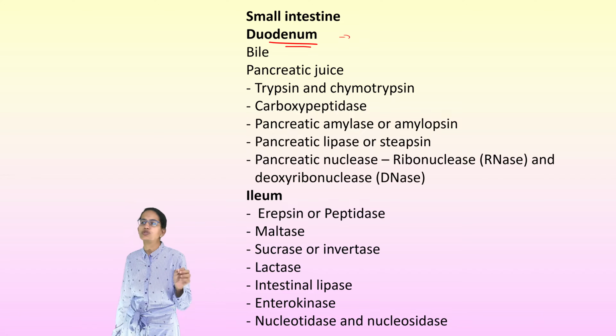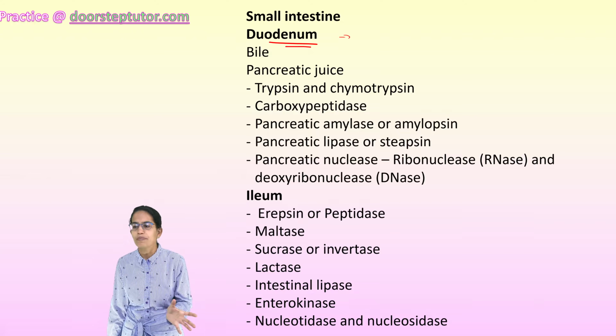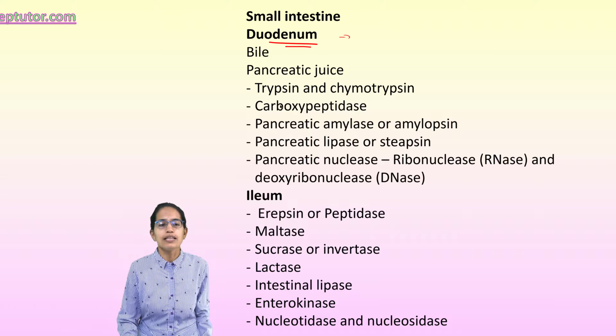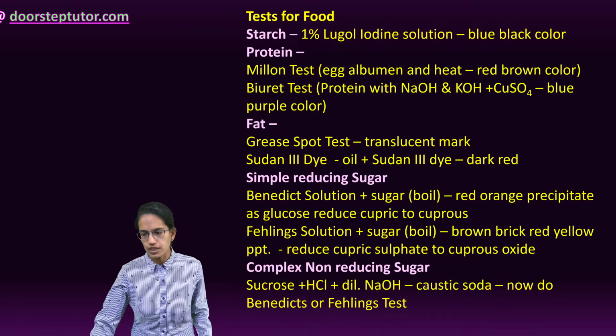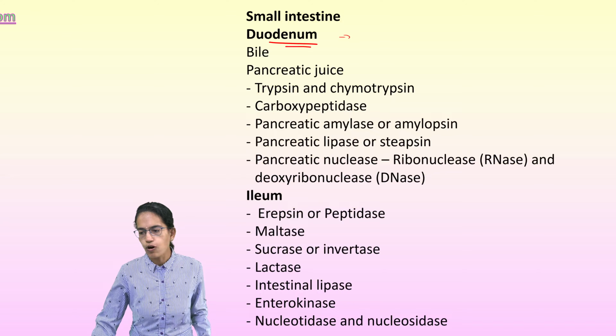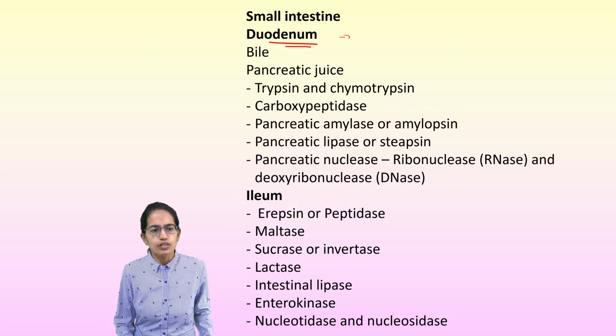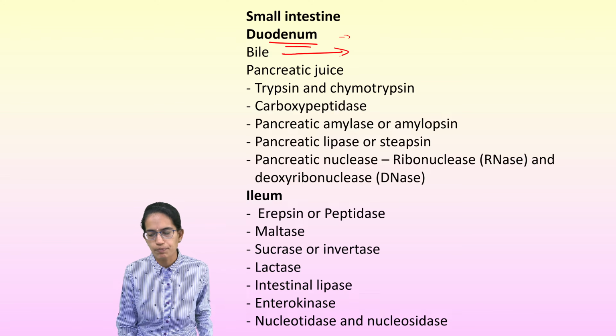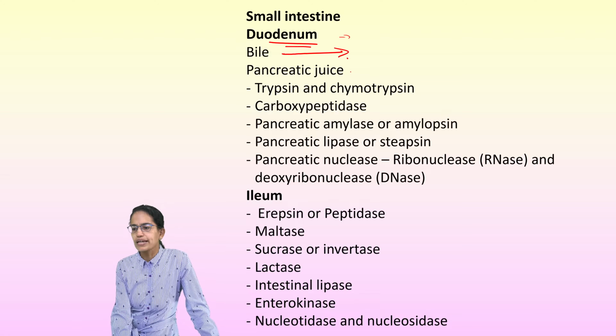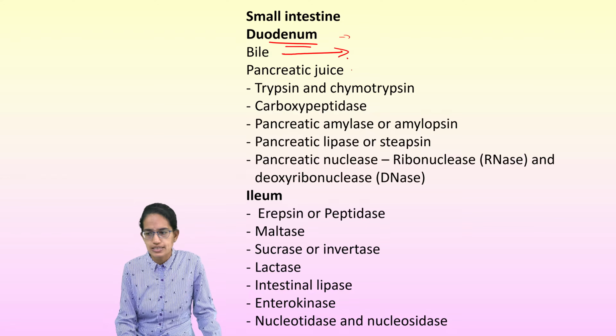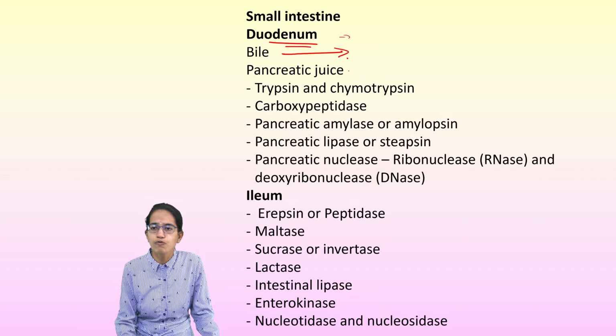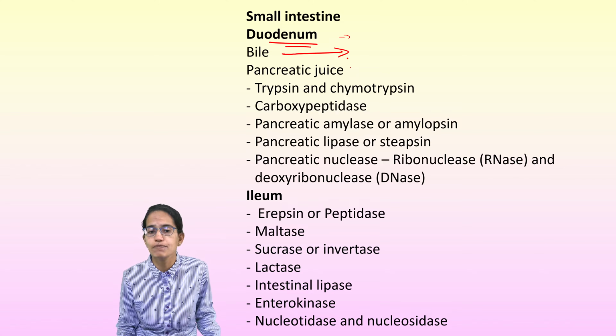Its idea is to neutralize the acidity, make the solution alkaline and emulsify the fats which are present. So I repeat again, the role of bile is very important. Bile has no enzyme. It neutralizes acidity. It makes food alkaline and emulsifies the fat.